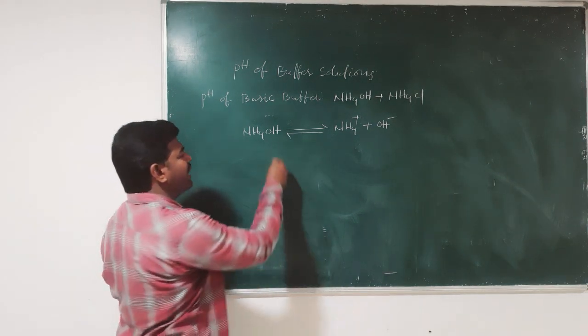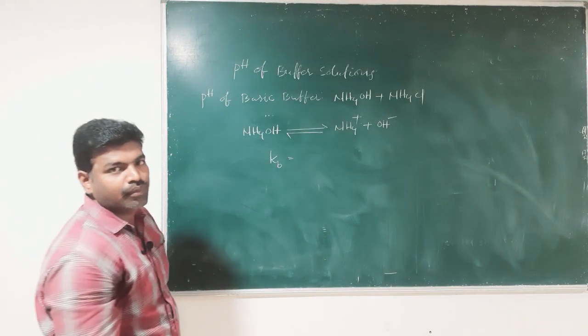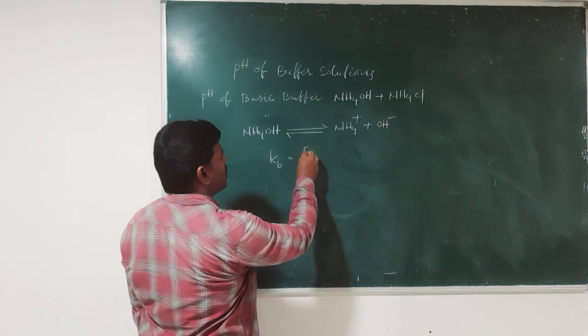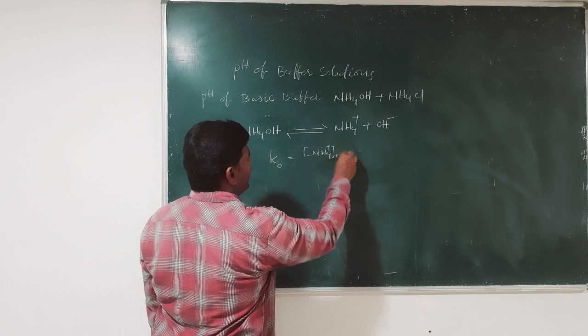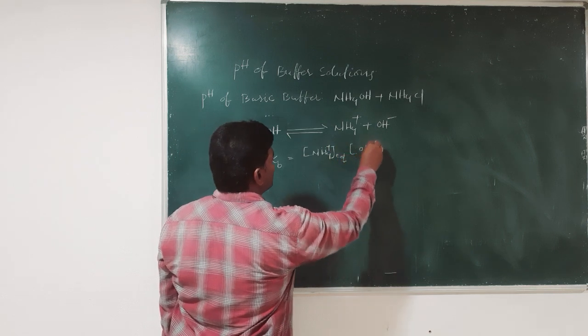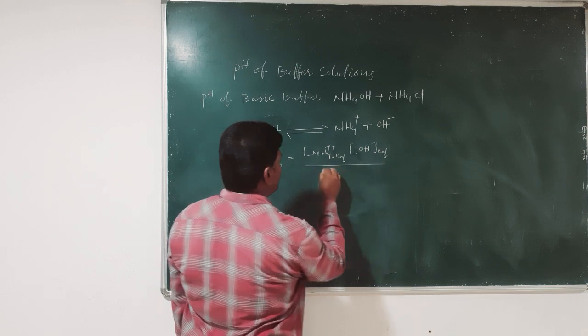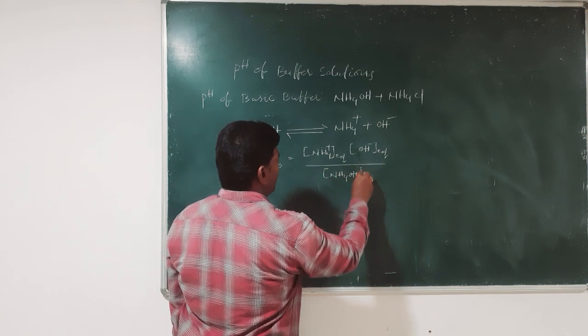For this we can write the base dissociation constant or equilibrium constant, that is the concentration of NH4 plus ions at equilibrium and the concentration of OH minus at equilibrium, by the concentration of NH4OH at equilibrium.